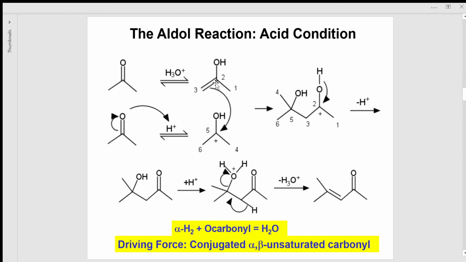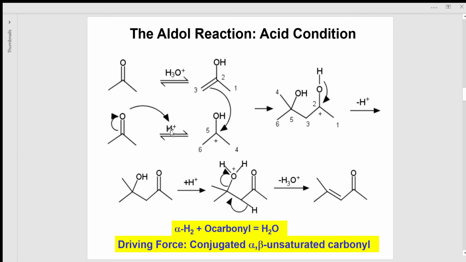I have 2 electrons here, the pi bond, 2 electrons. I'm not very stable. I will attack atoms or groups which bear a positive charge. So the next ketone molecule here, under acid condition, you know, this oxygen has 2 pairs of lone pair electrons.